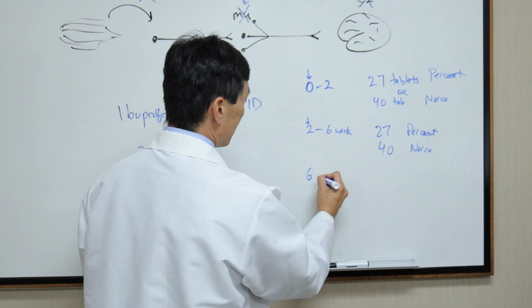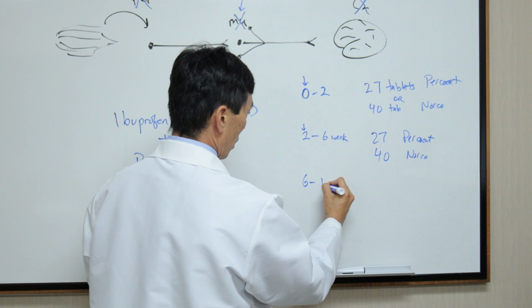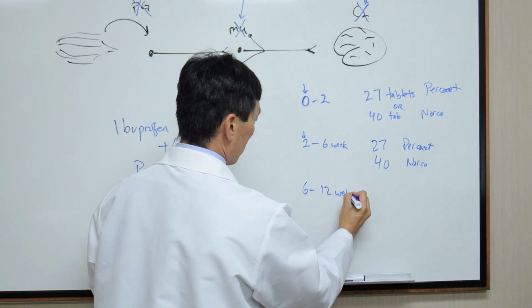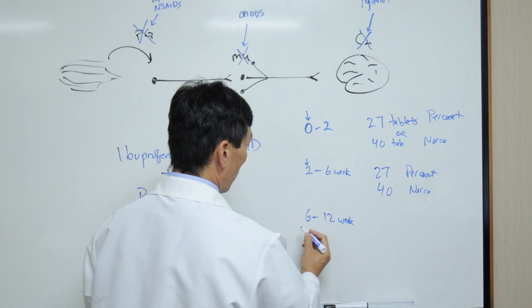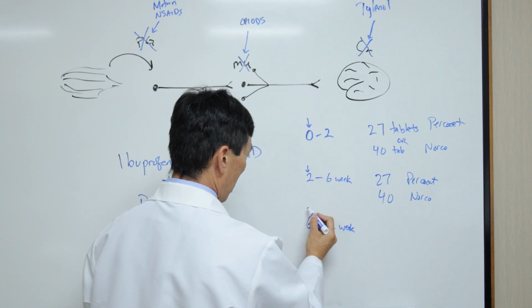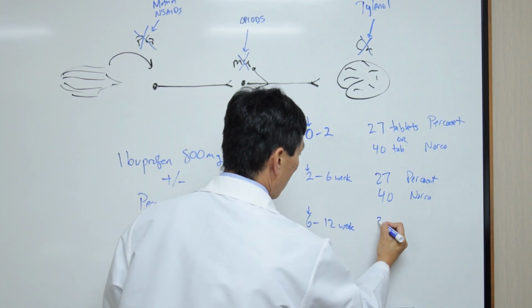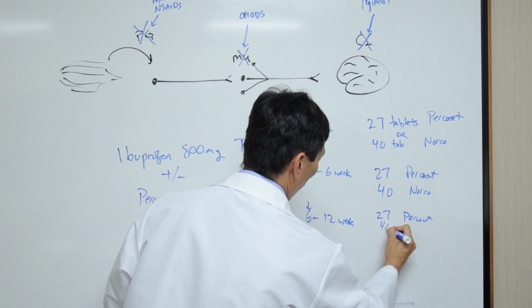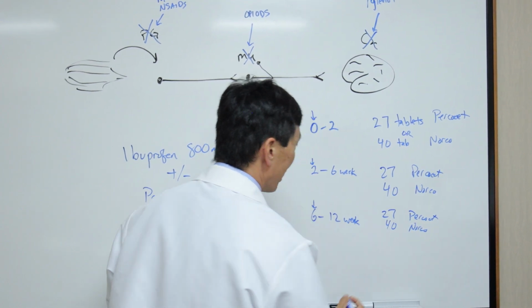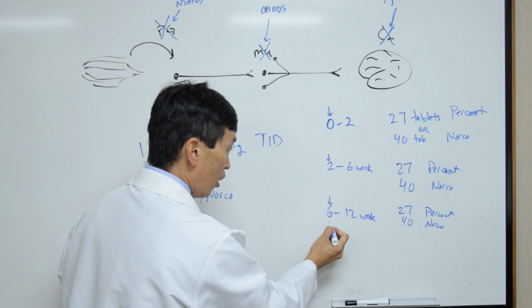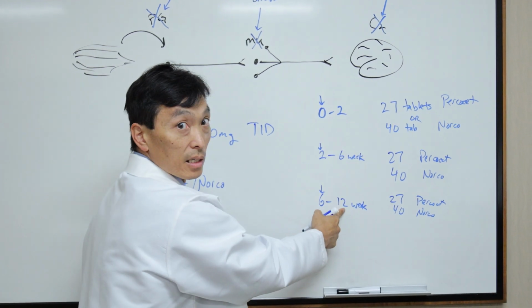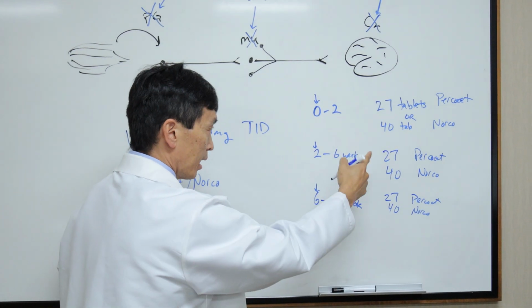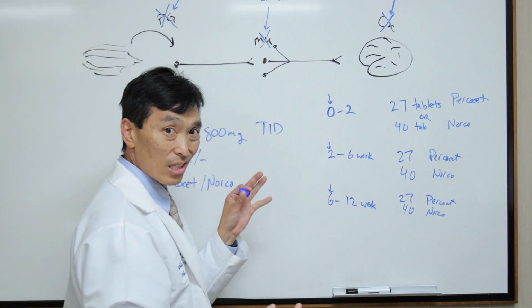Finally, at the 6-week to 12-week mark, we will give another 27 of Percocet or 40 of Norco, but now this has to last for 6 weeks, right? So it's the same amount, but they're having to last longer and longer.